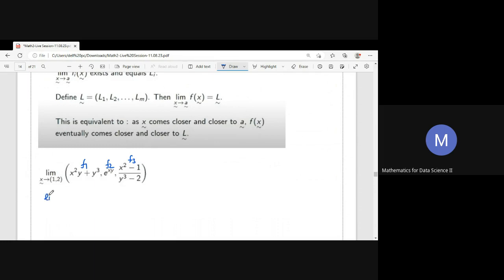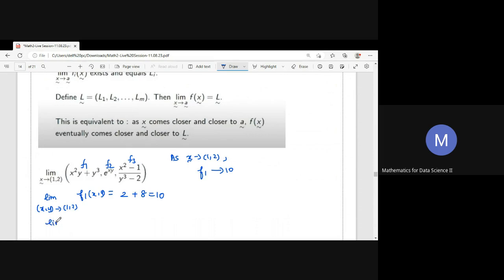Now what happens to the limit as (x, y) goes to (1, 2) of f1 of (x, y)? If you substitute 1, 2, what is the answer you are getting? 2 plus 8, 10. Right? So as x tilde goes to (1, 2), your f1 goes to 10.